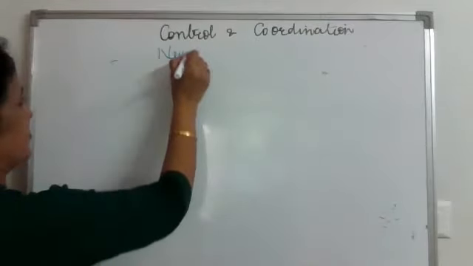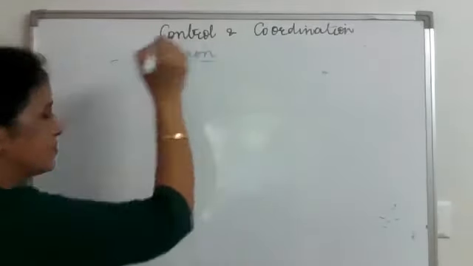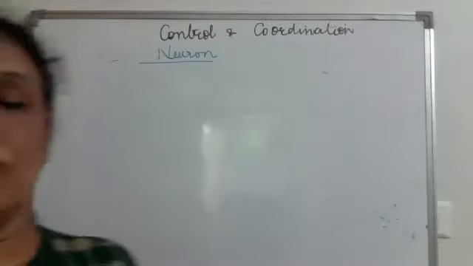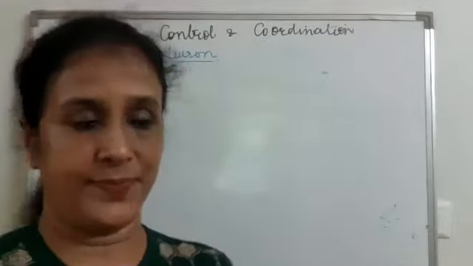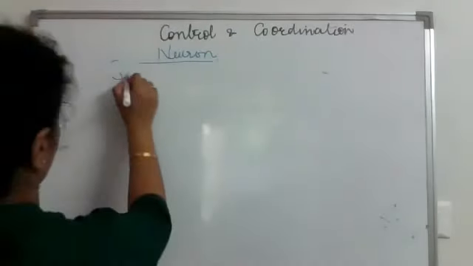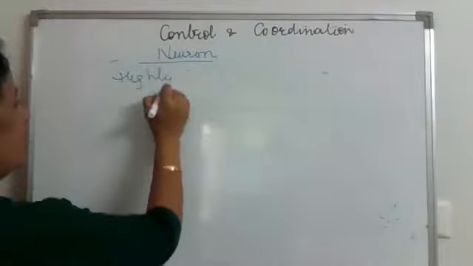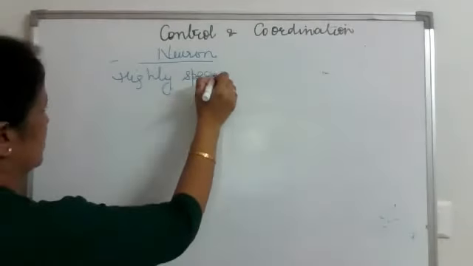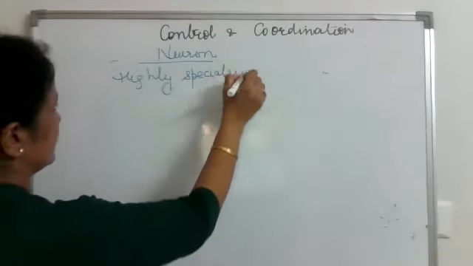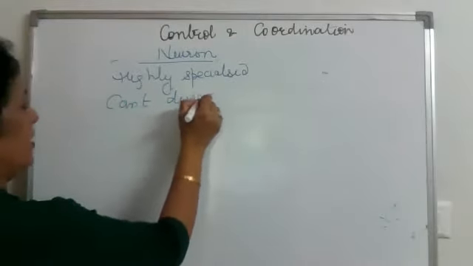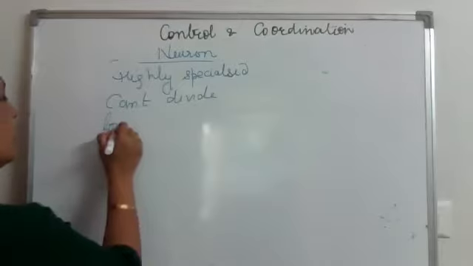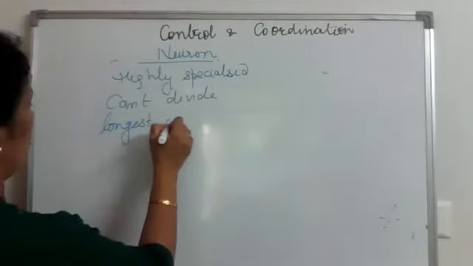Neuron. Neuron is the most specialized cell of the body. It cannot divide. It is the longest cell of the body.